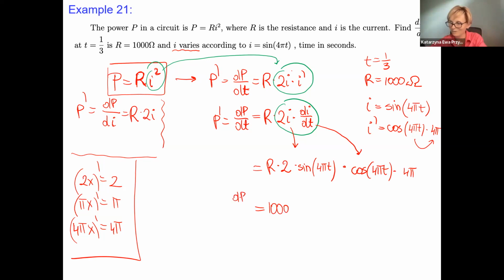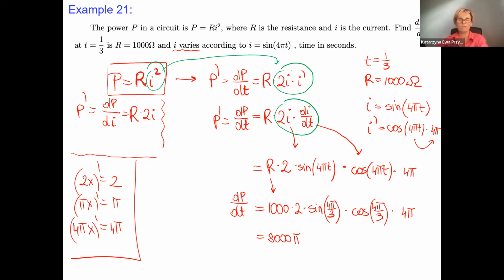The derivative of the power with respect to time is 1000 times 2. Time is 1/3, so it will be sine of 4 pi over 3 times cosine of 4 pi over 3 times 4 pi, that's 8,000 pi.